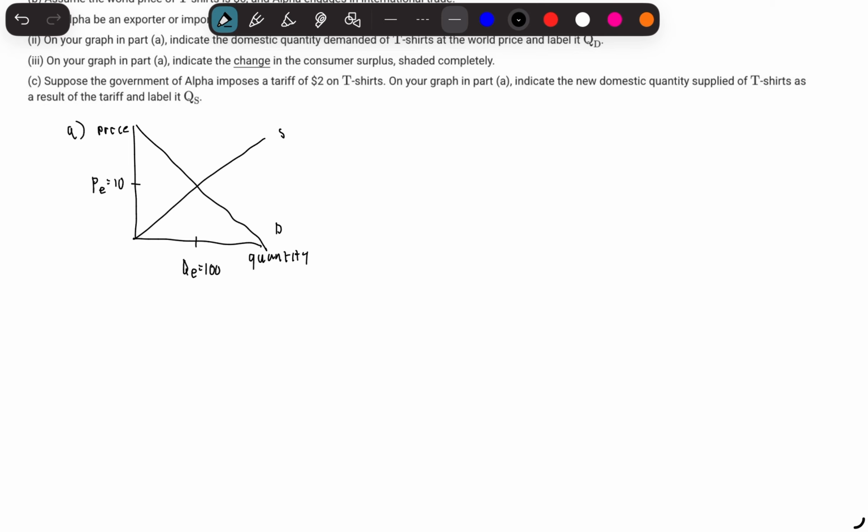So that's your equilibrium, and quantity of t-shirts. So now after this, let's do part B.